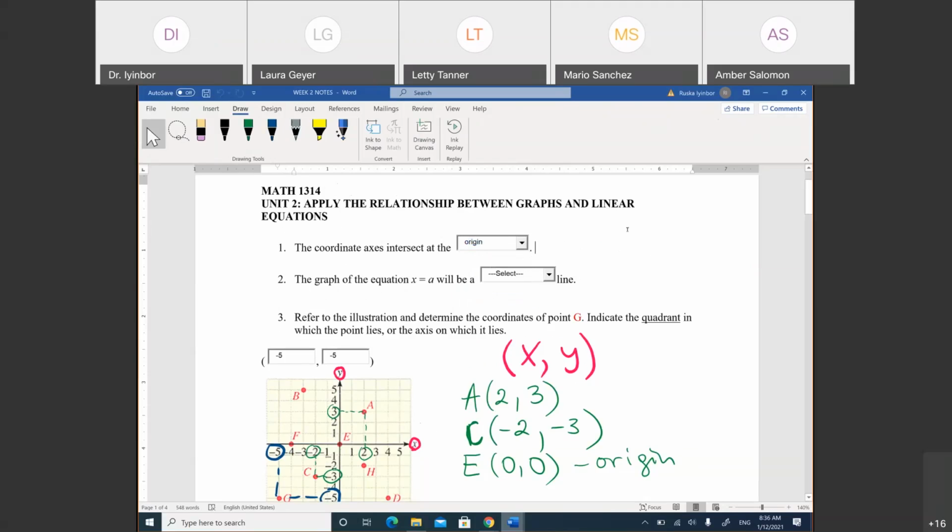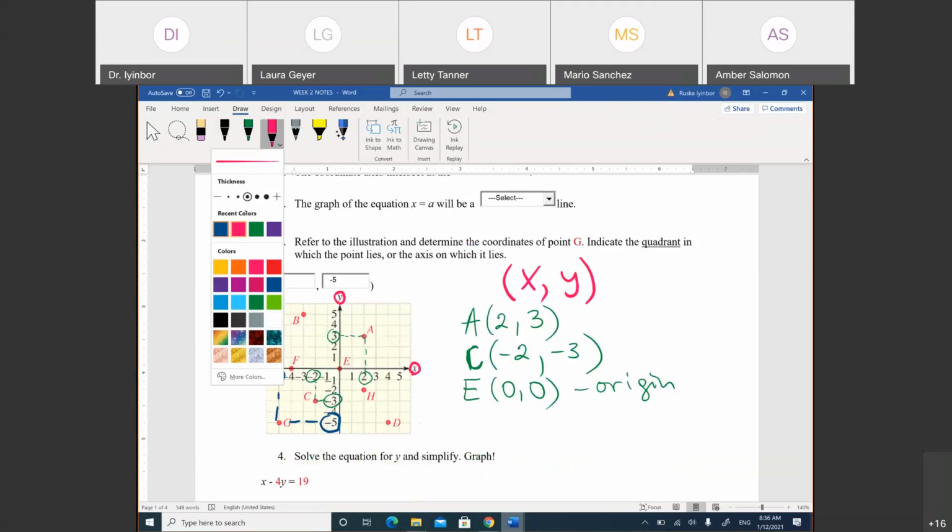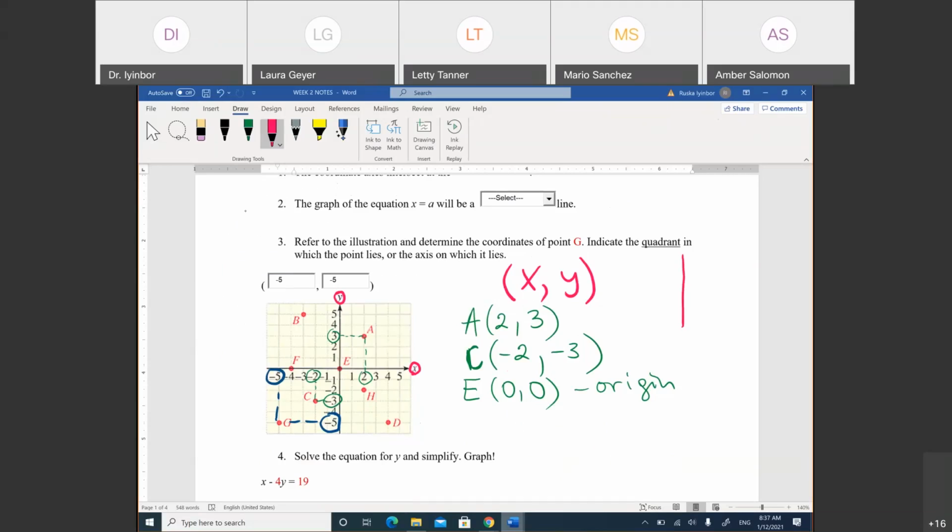And let me explain what quadrant means. Quadrant is when you have the x-axis and the y-axis, they cross each other, and they're dividing the plane into 4 pieces. And these are the quadrants. So you have x-axis, you have the y-axis, you have the origin here, and then the area over here is called first quadrant.